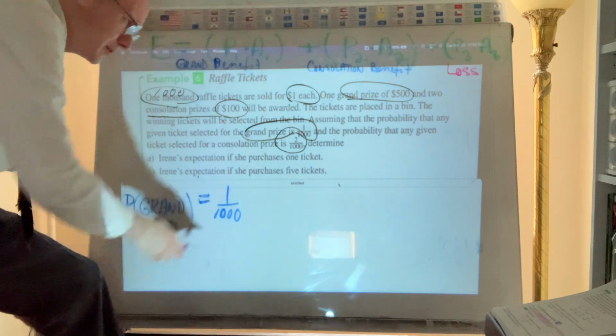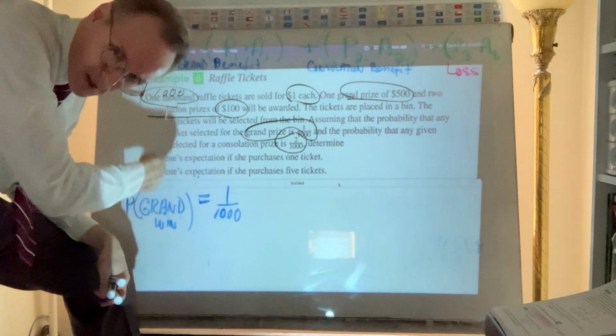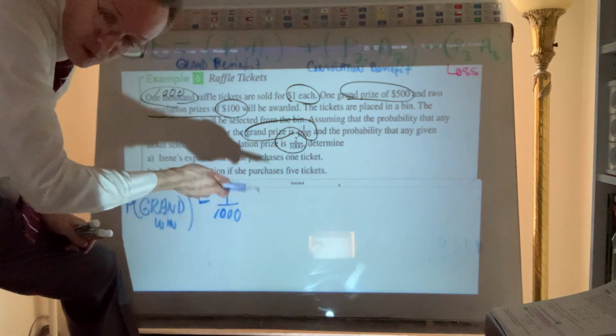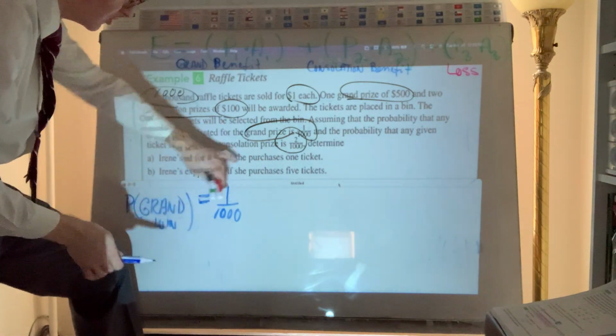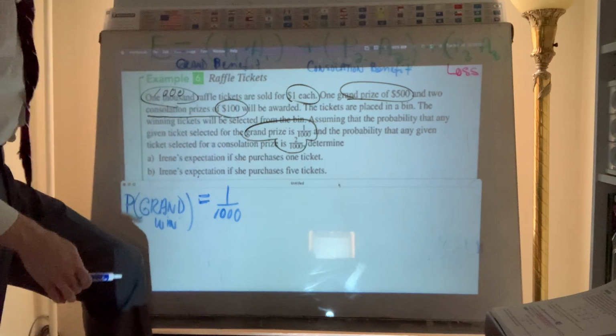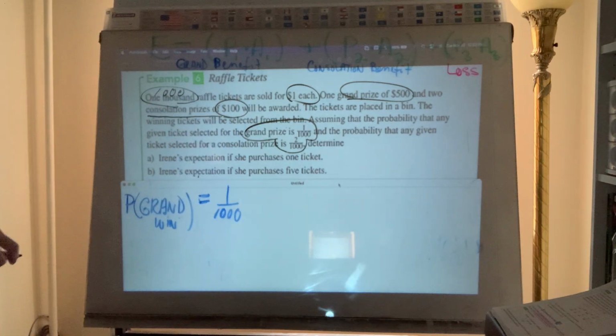Don't even worry about it, because we're not there yet. A condition like that is forthcoming in section 11.5 or 11.6. We're just going to stick with the information that they've given us and not think about it more complicated than that. All right, grand prize win is 1 in 1,000.